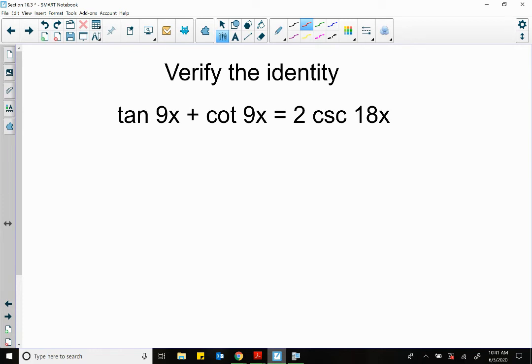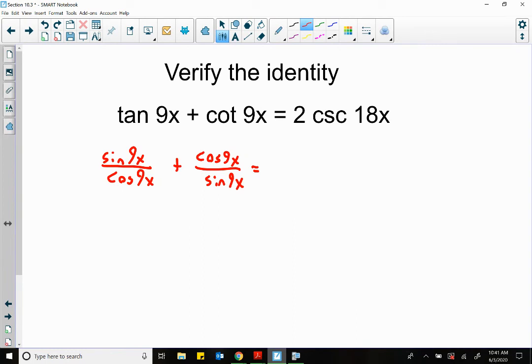Again, the easiest thing is turn these into sines and cosines. So tangent is sine 9x over cosine 9x. Cotangent is cosine 9x over sine 9x. So the next thing you want to do is put these fractions together.